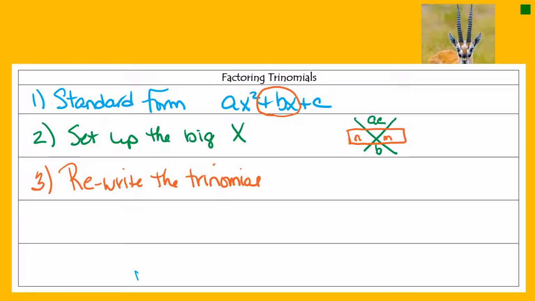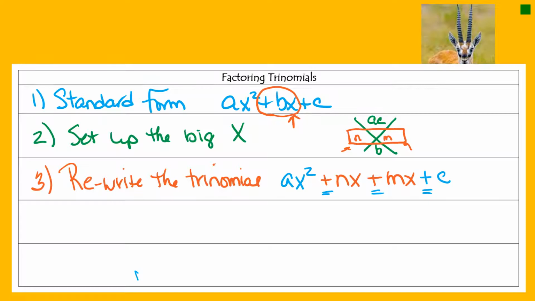We're going to take this trinomial, keep the ax squared, but replace the bx with nx plus mx. Those are the two numbers here, and we're keeping the x from here. And we're going to keep the plus c. Now again, these pluses are arbitrary. Remember, they could be minuses.